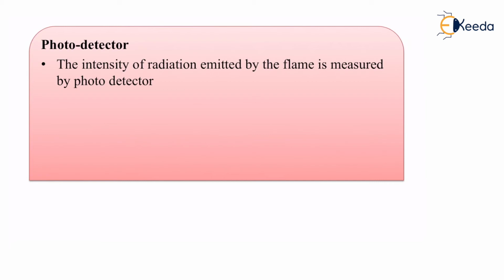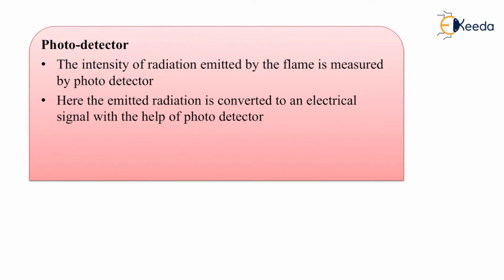The photodetector will help us to measure the flame. Here the emitted radiation is converted into an electrical signal with the help of the photodetector. Now there is a change in energy. The radiations which were emitted first are now converted into an electrical signal.